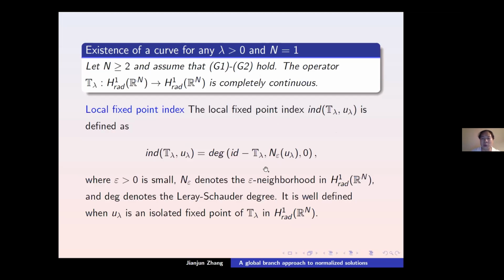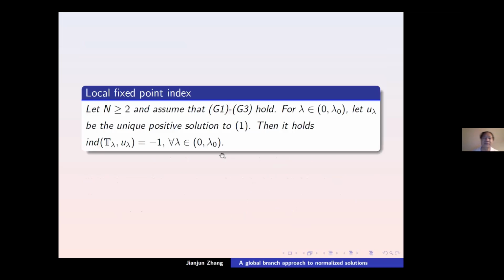Okay. Also, we can show that for lambda very small, the local index of U lambda is just -1. Also, we show that for lambda bounded from below or from above, the possible solution is uniformly bounded.